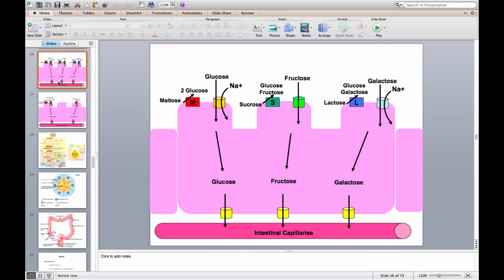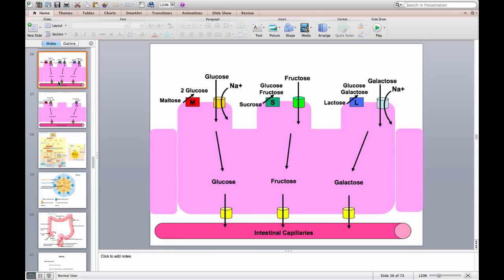And there are two types of enzymes that we find on the brush border. We find disaccharidases, okay? Enzymes that break down the disaccharides, which include maltose, sucrose, and lactose. Okay?